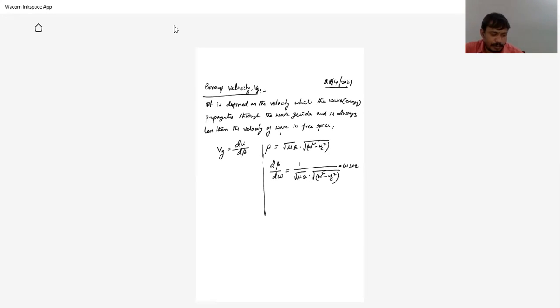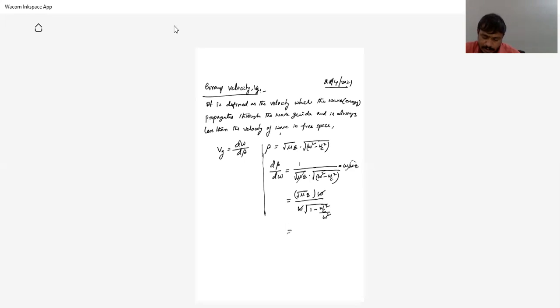Now if I simplify this, take omega out here, so omega root 1 minus omega c square by omega square. This omega gets cancelled.